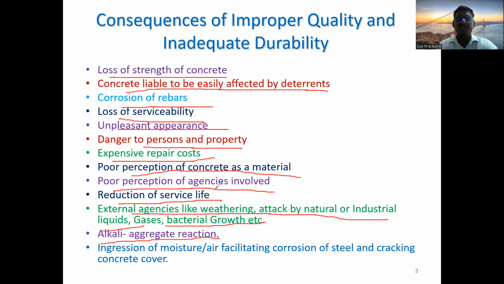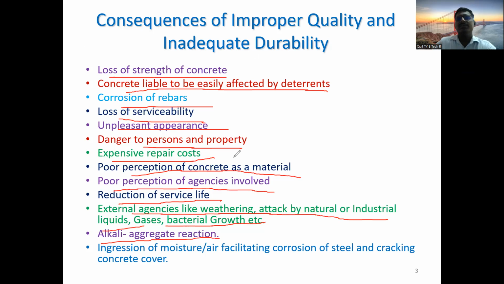If concrete quality is improper and durability is inadequate, then there can be loss of strength, concrete liable to be easily affected by deterioration, corrosion of the rebar, loss of serviceability, unpleasant appearance, danger to person and property, then expensive repair costs.